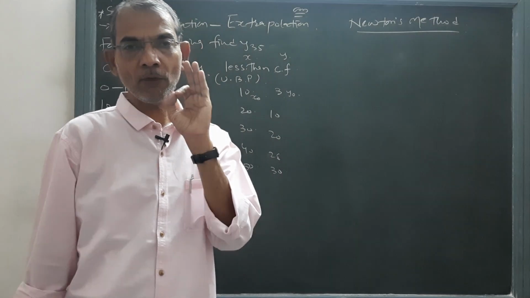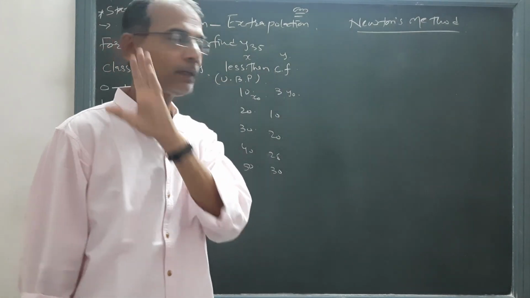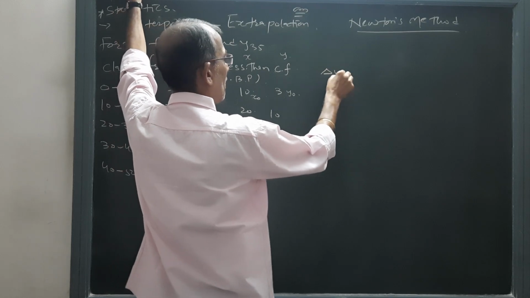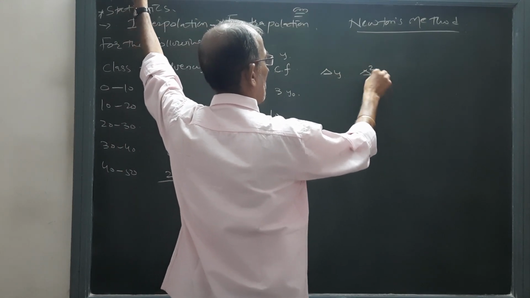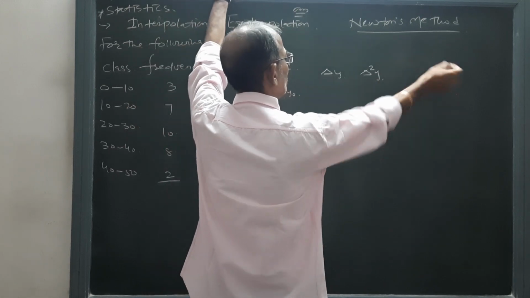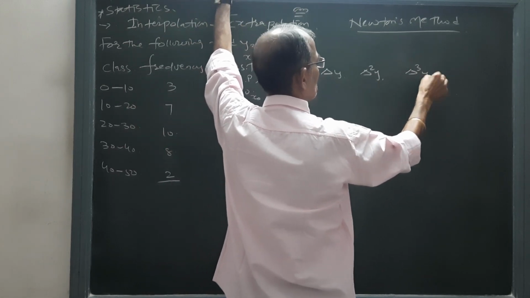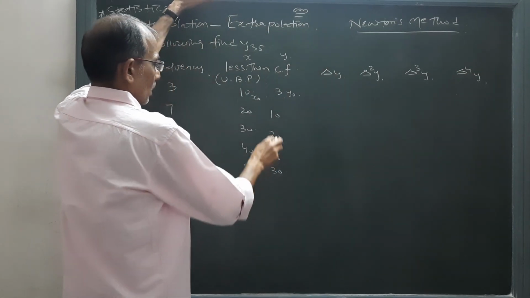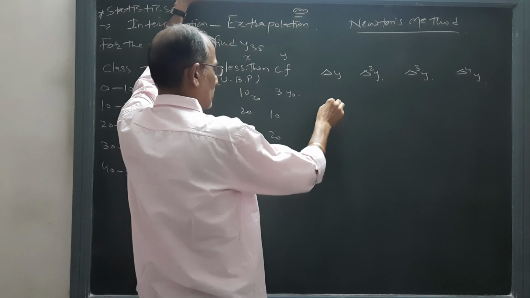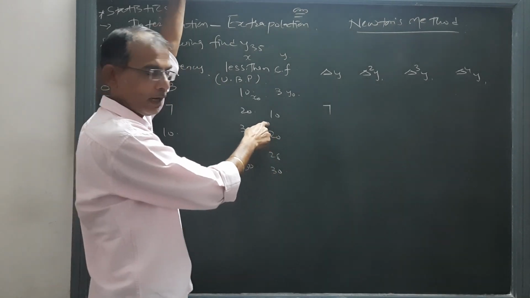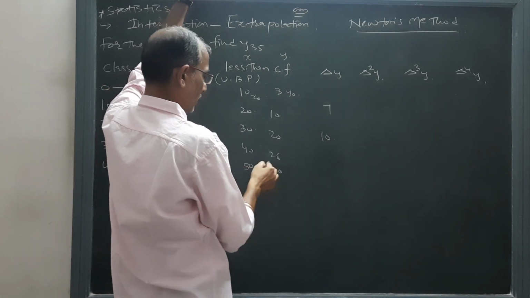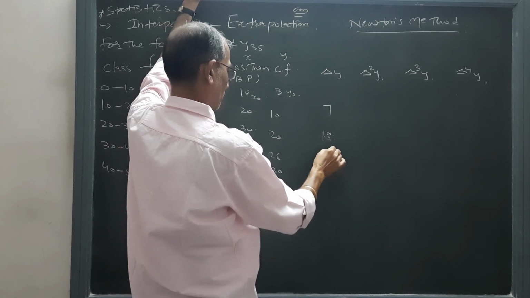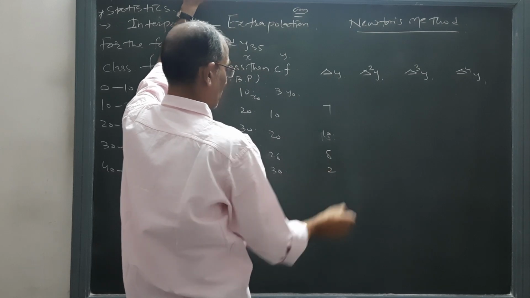And for that we have to find the differences. 10 minus 3 will be 7, 20 minus 10 will be 10, 28 minus 20 will be 8, and 2.